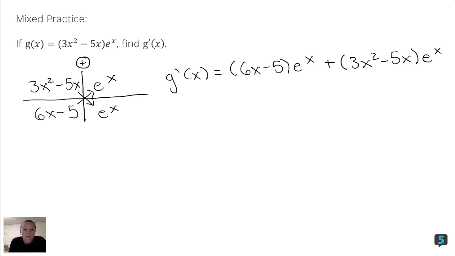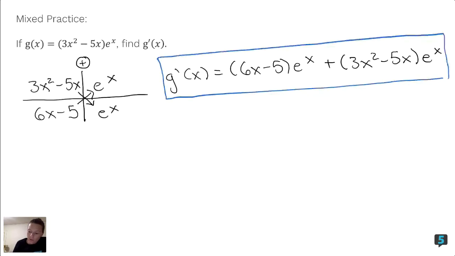That's our derivative. As I've commented in a couple other examples as well, you may be tempted to factor out a common factor of e to the x, and then you'd be able to combine some like terms, but in terms of mastering that process of actually taking the derivative, that's what g prime of x would look like.